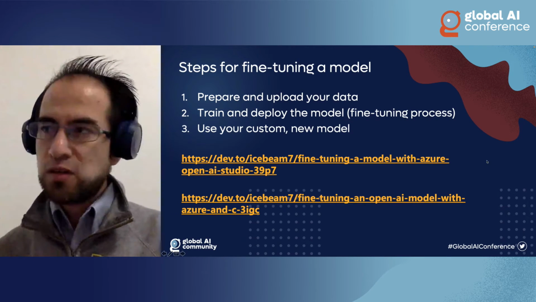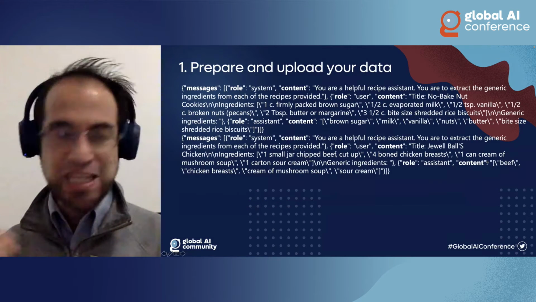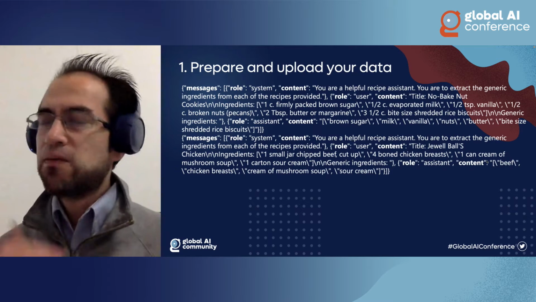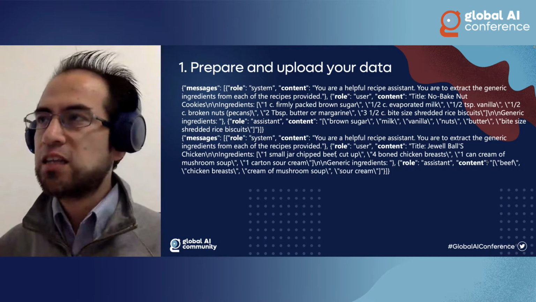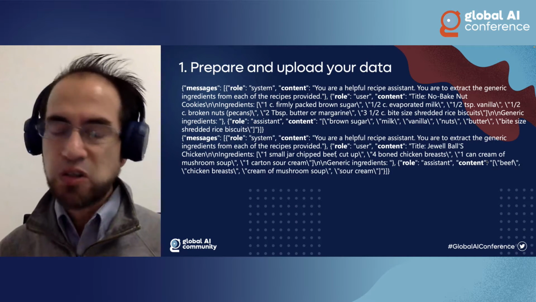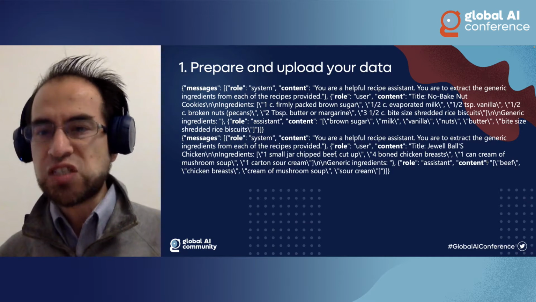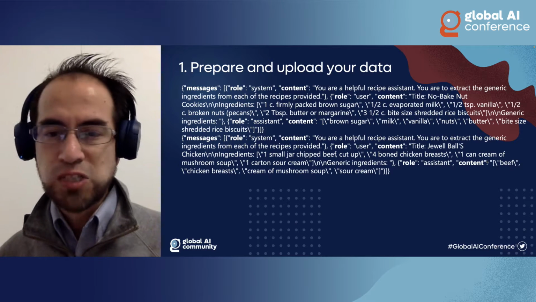I will not do this step by step because you can follow the blog post, but I will talk about every step. In the first one, which is about preparing and uploading your data, this is how you will teach GPT-3 what you would like it to say.